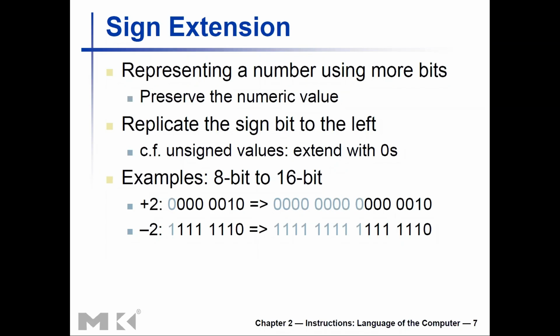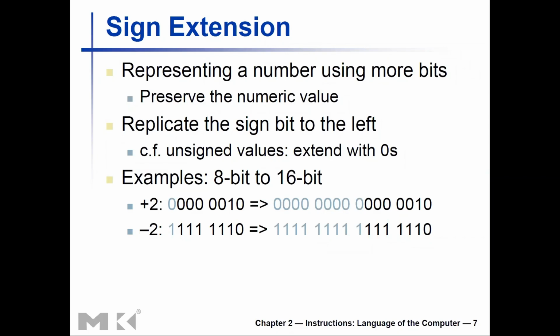But here we are talking about both positive and negative numbers. So to do that, all you need to do is replicate the sign bit to the left. You need to get the sign bit of the binary representation and replicate that. If it is a positive value, what you will be replicating is just 0, because the sign bit of a positive number is going to be 0, and you can extend the number by just replicating that 0.